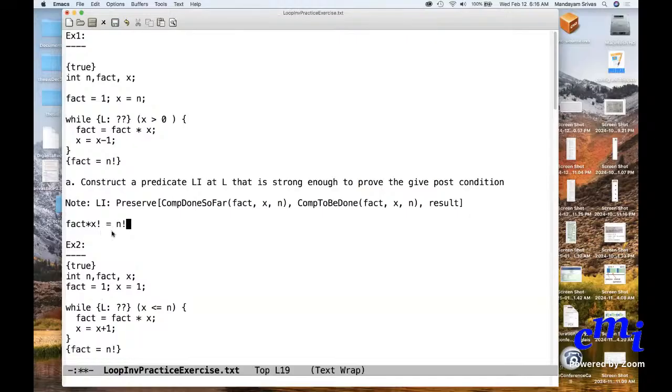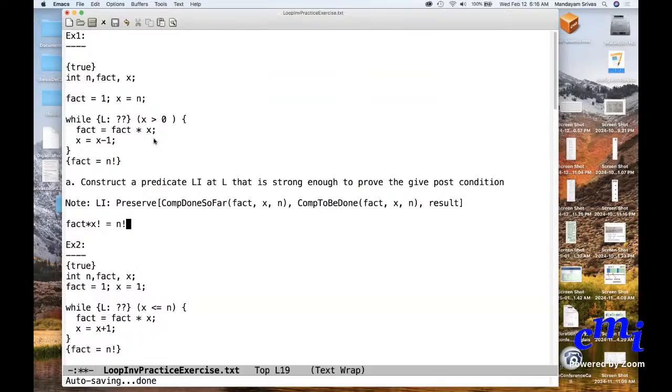So the point I was making last time was, in a lot of cases, one hint, a tip to use to construct a suitable loop invariant, is to figure out something that is preserved across all iterations.